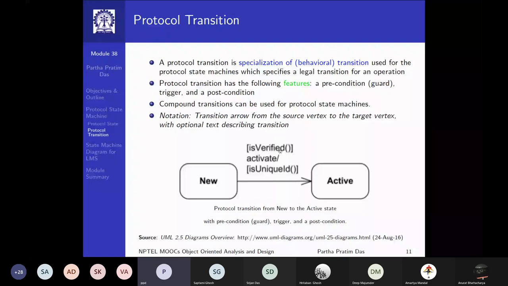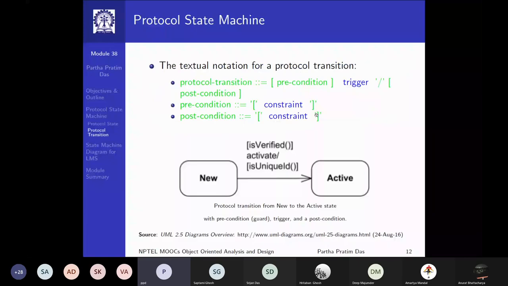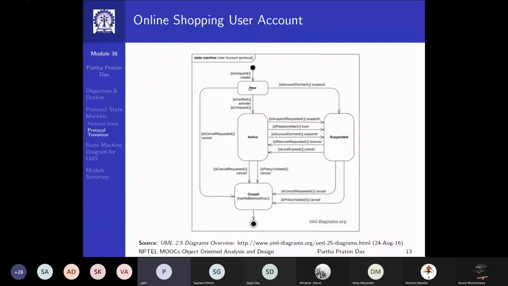So there could be a precondition, the actual trigger and action, and the postcondition in a transition. Right? So you can go through this. This is another shopping account example. You can see that the states are just names, but we are detailing in depth what these protocol transitions are. Right?